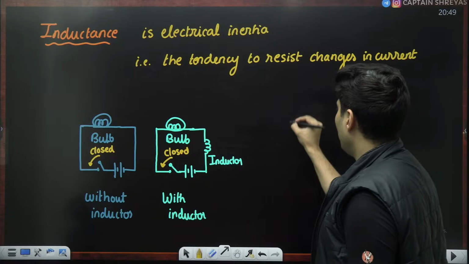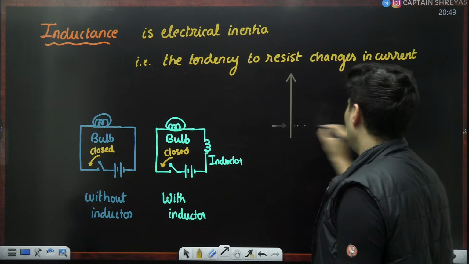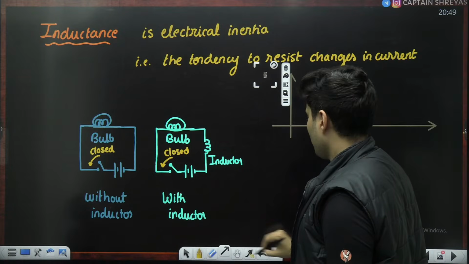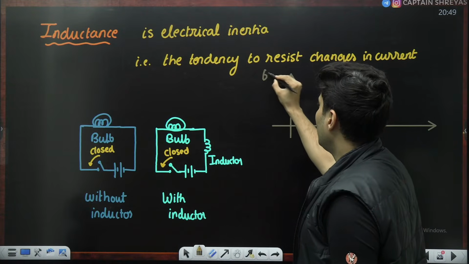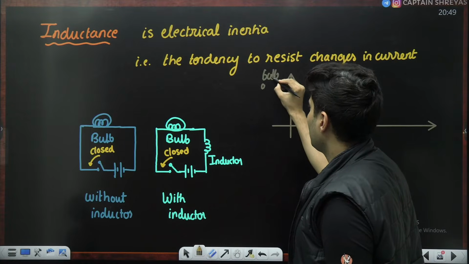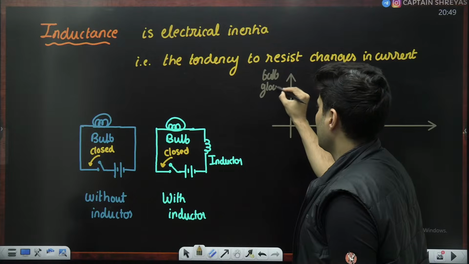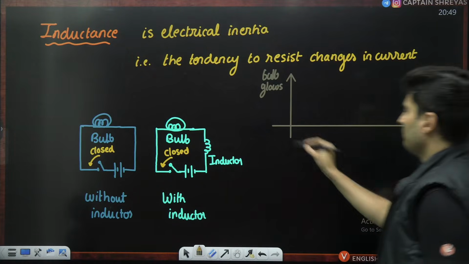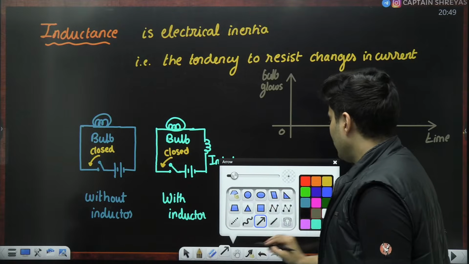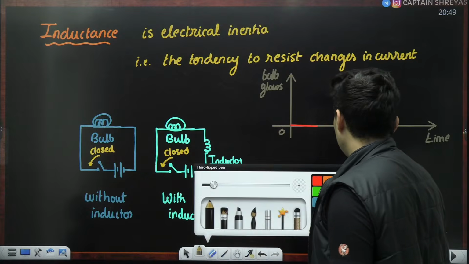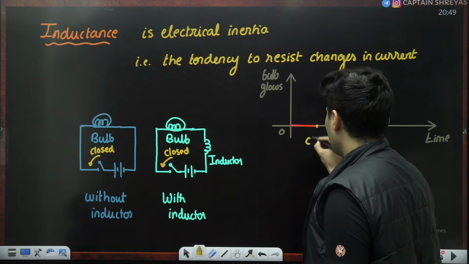So I will plot how the bulb glows with time. Starting off, there is nothing, obviously the bulb is not glowing, and then comes the event where you close the switch.